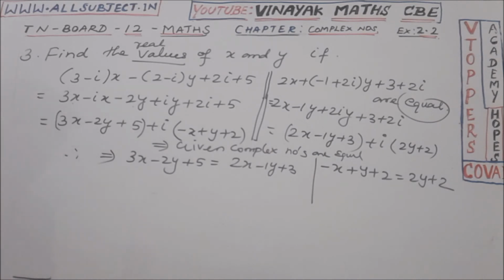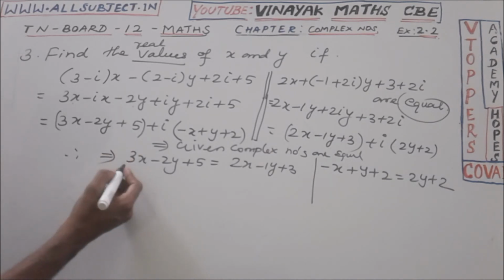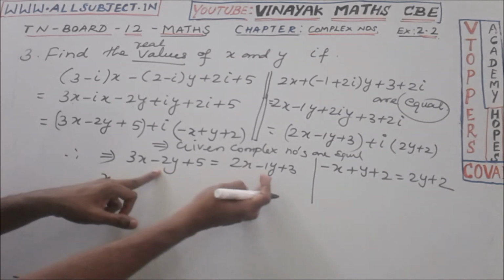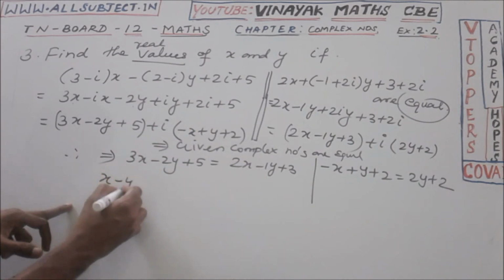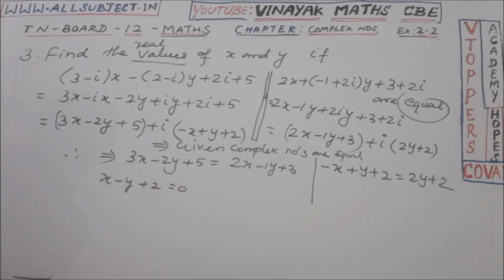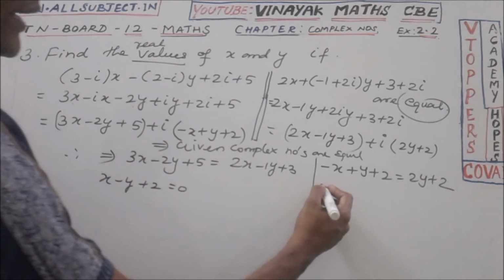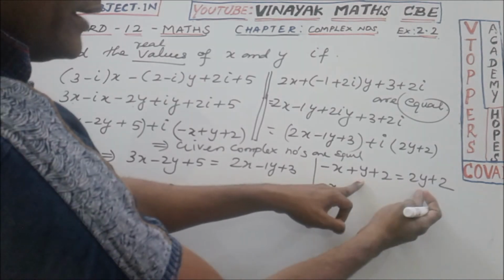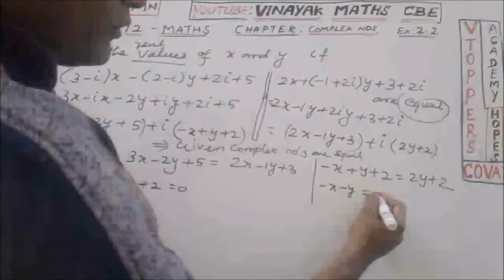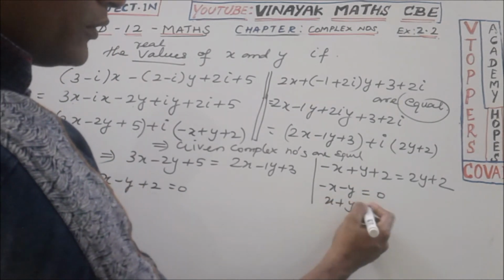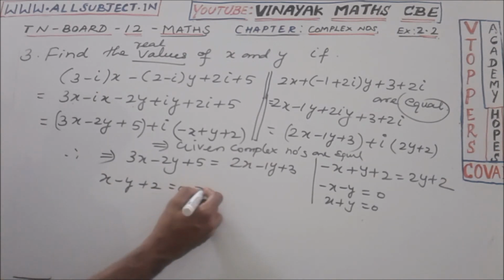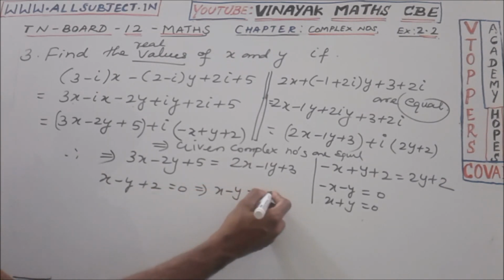Now simplifying this, we get an equation: 3x minus 2x is x, and minus 2y plus y is minus y, 5 minus 3 is 2, equal to 0. And here minus x, y minus 2y is minus y, 2 minus 2 equals 0, so x plus y equals 0. Simplifying the first, x minus y equals minus 2.